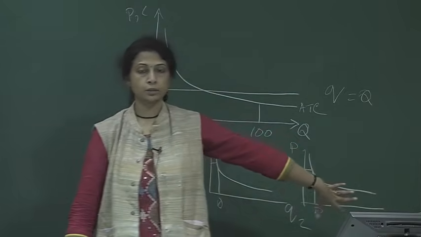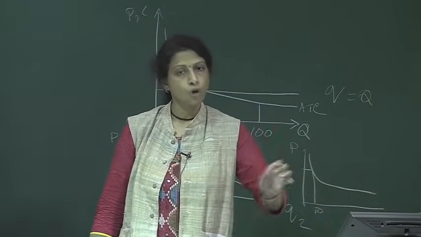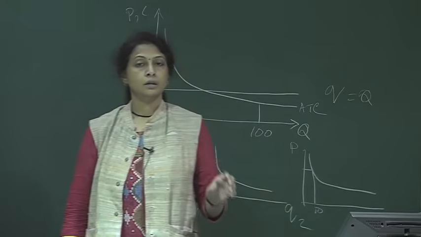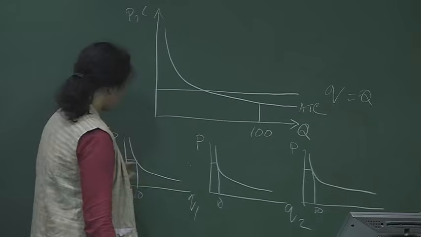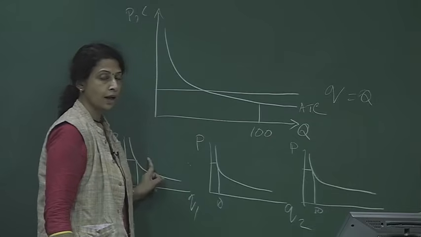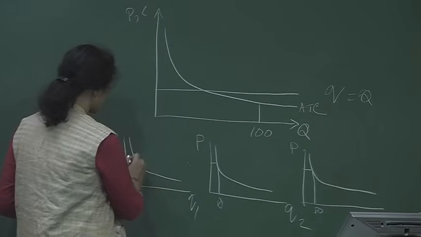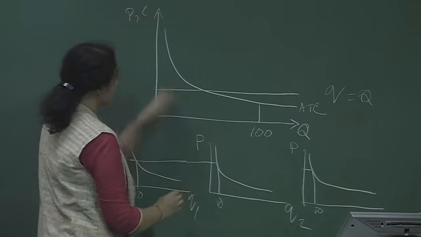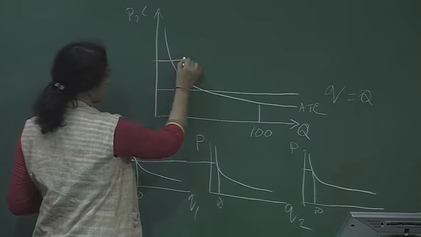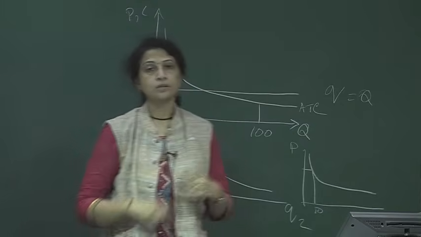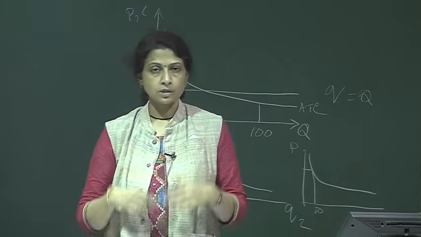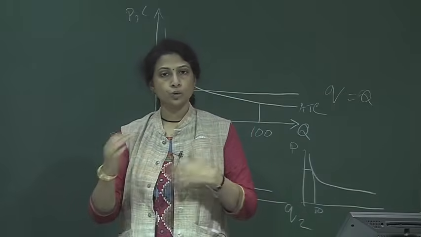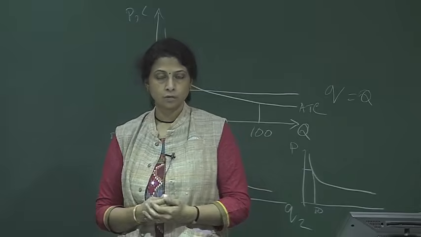They are able to sell only a small amount of power, around 10 units per power plant, and so their cost becomes very high and they will not be able to sustain at a low price. So they will have to charge a very high price, which will be somewhere here, and the buyers will also have to pay this very high price, because there are too many sellers in the market who are all operating with very huge fixed costs.